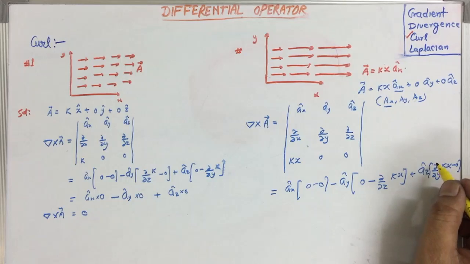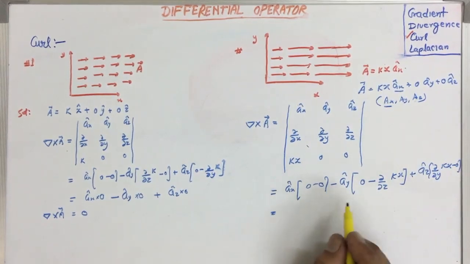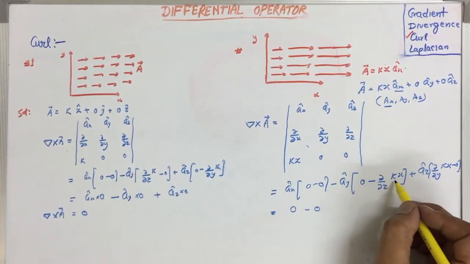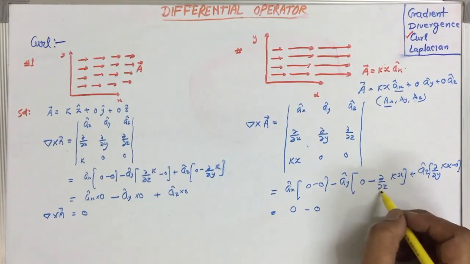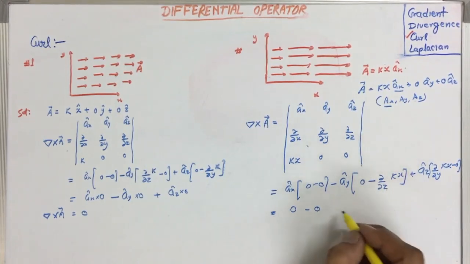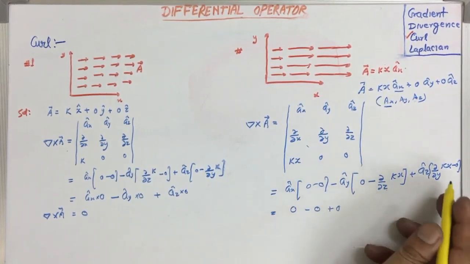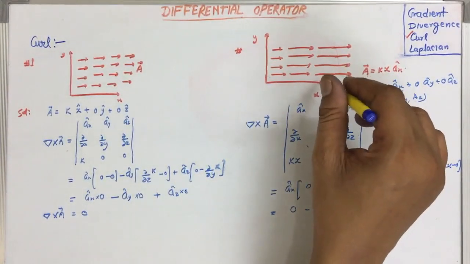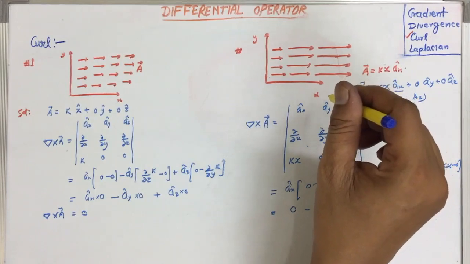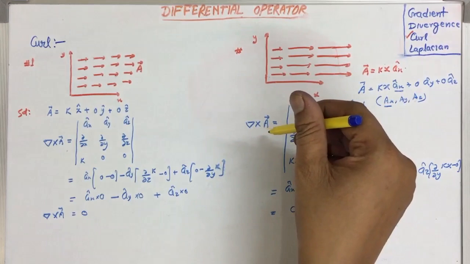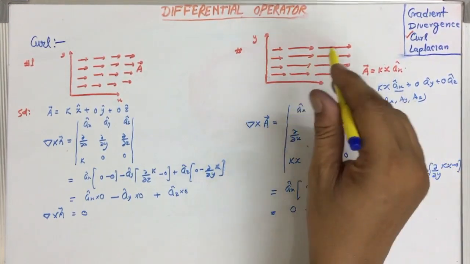Now what you can observe here is 0 minus 0, because this is varying in the direction of x, so the partial derivative with respect to z is considered as constant, so it will be 0. And here the same thing, so it is 0. Again, this field is irrotational, meaning it doesn't have any circulating nature. So the curl of field A is 0 again.